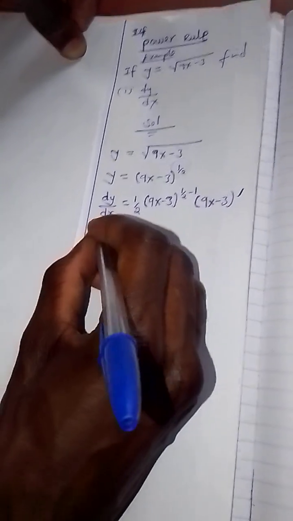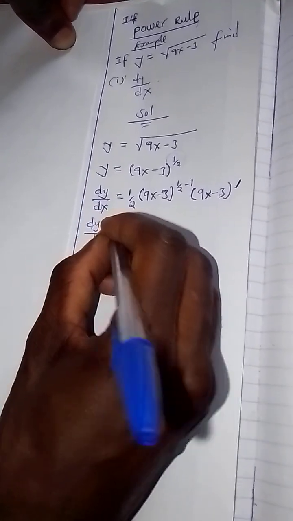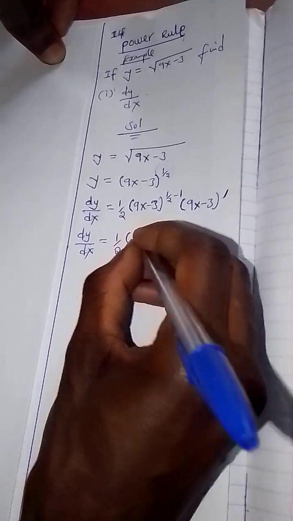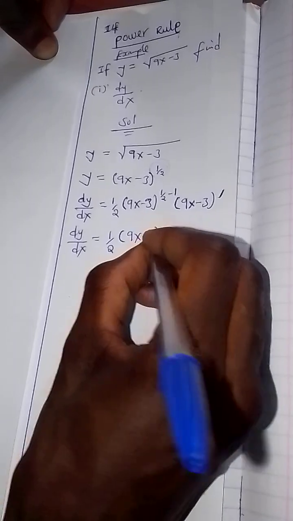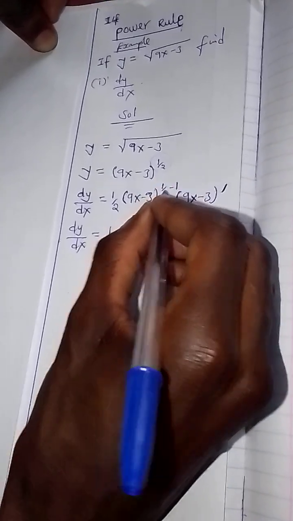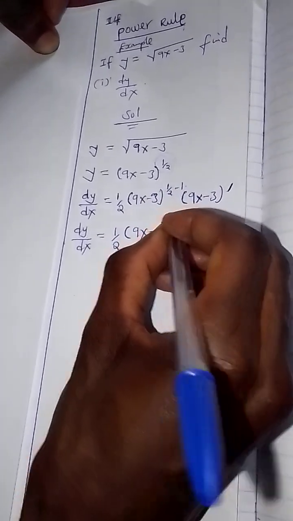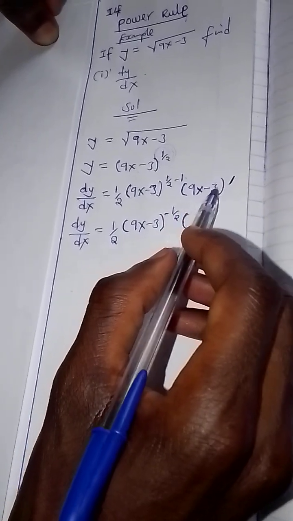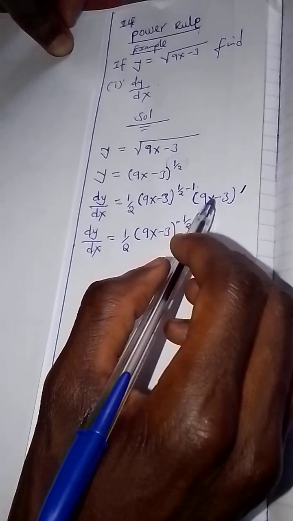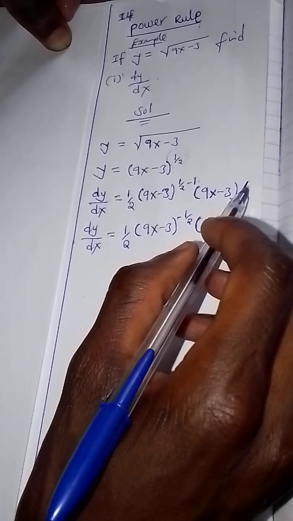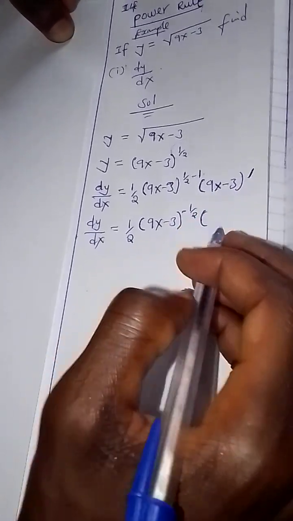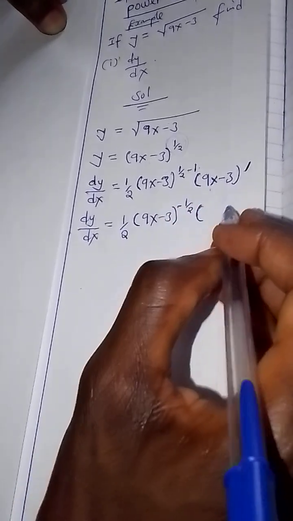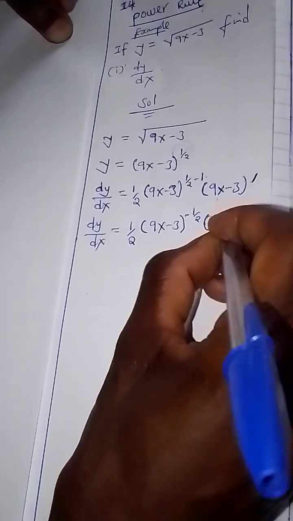So dy/dx will be equal to 1 over 2, open bracket, 9x minus 3 to the power, what is 1 over 2 minus 1? It will give us negative 1 over 2. Now when we differentiate, since we have (9x minus 3) prime, the meaning of prime is to differentiate. When we differentiate 9x minus 3, we know that 9 will be the answer.